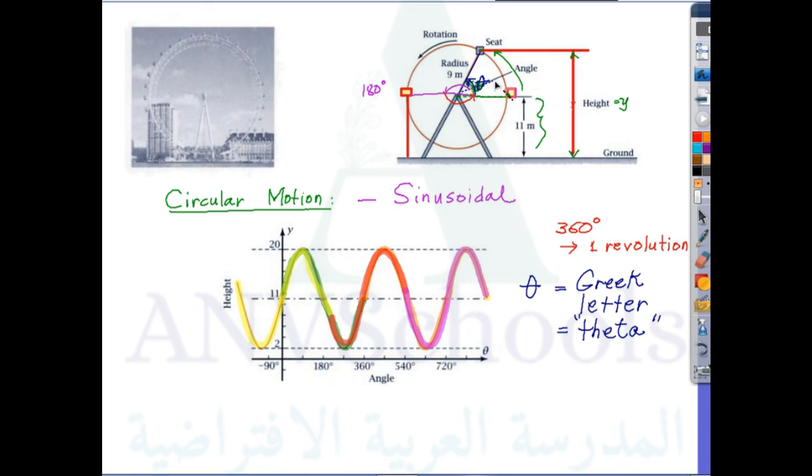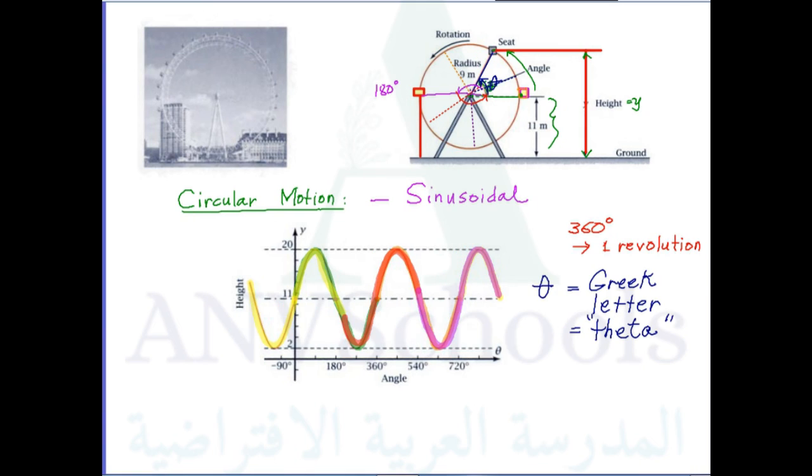Theta could be here, okay, as long as it comes from the center, or could be here, or could be here, and so on and so forth. So notice that your theta will vary from time to time. Okay?